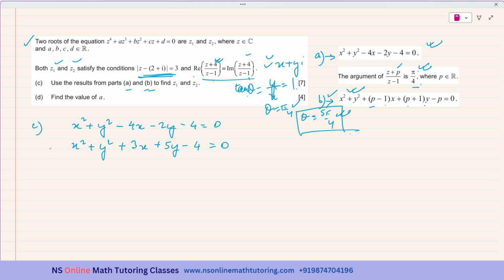we can use the method of elimination, because this is also a very important method. Many students always go for substitution, which is not the most appropriate method in some situations like this one. You cannot express y in terms of x or x in terms of y because of these square terms.